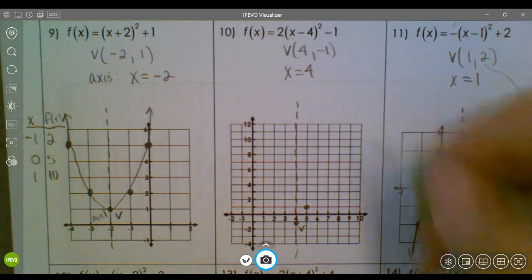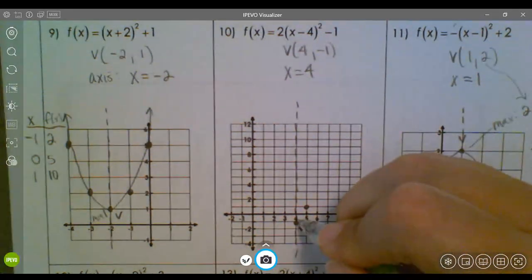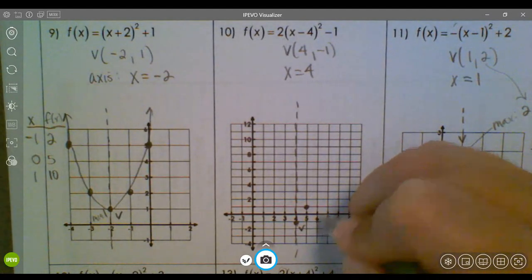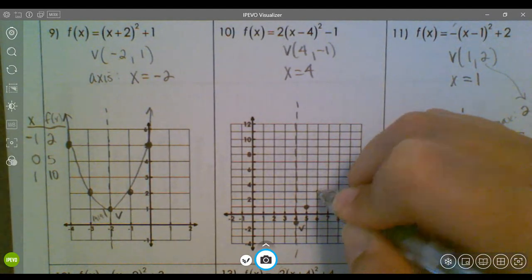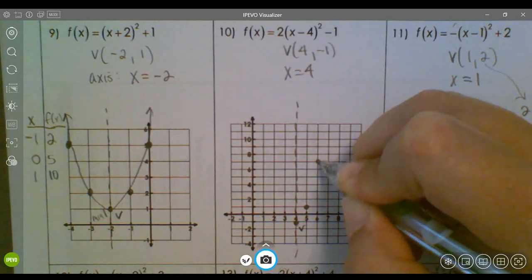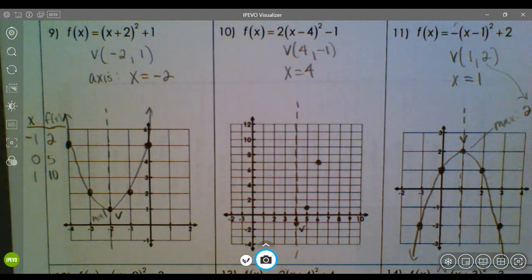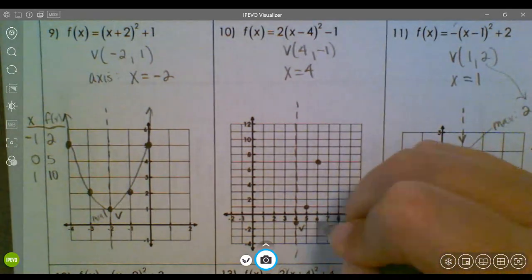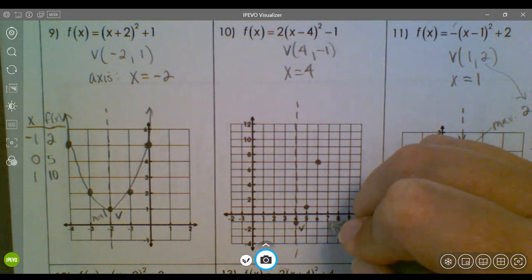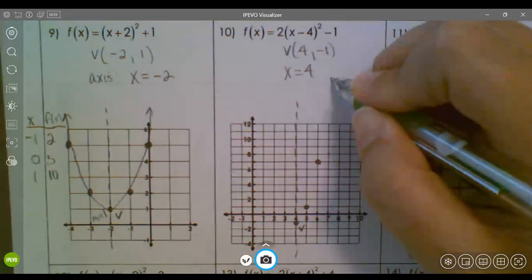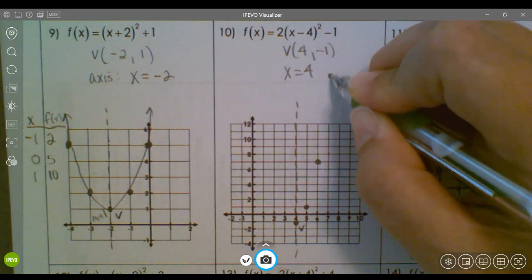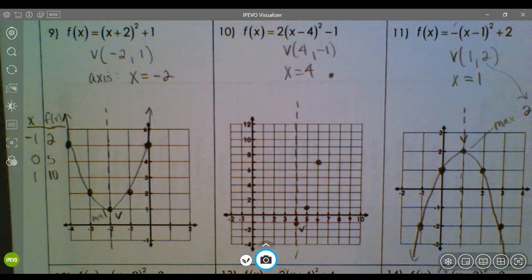Double the square. That's what I should have said earlier. My next point goes right 2. 2 squared is 4, but I have to do that twice. So I'm actually going up 8. And right 3, 3 squared is 9, but I have to double that. So I end up here. Okay, so I'm doubling the square.